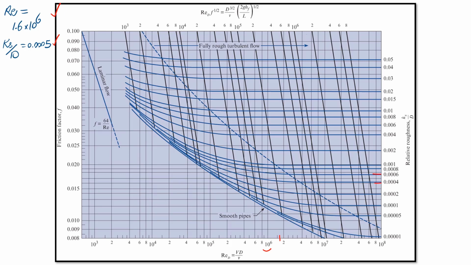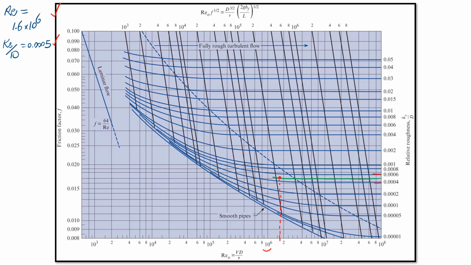So if I want to show it using the green again, it would be something like this, right? Okay, now I am going to continue this 1.6 times 10 to the power 6 until it crosses the green line. So it would be something like this.